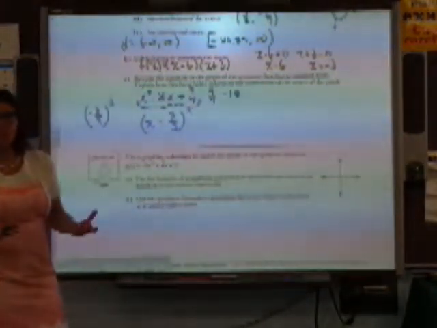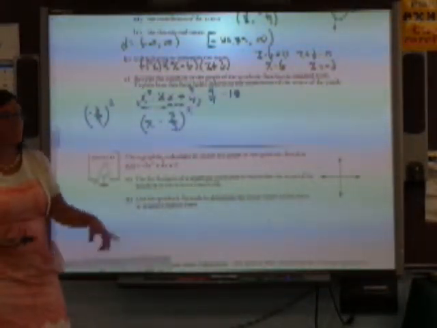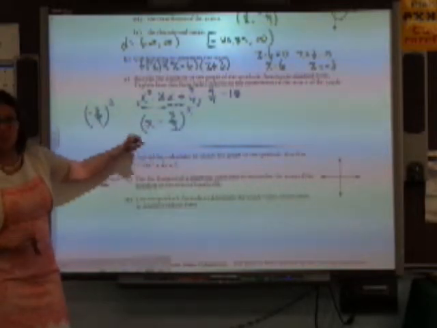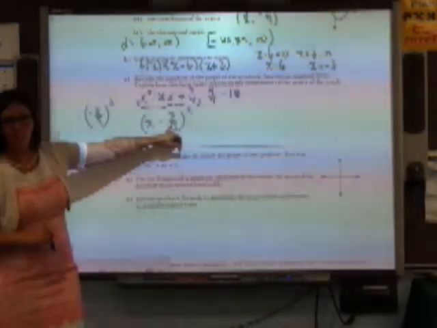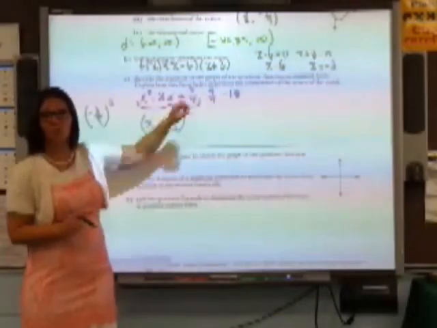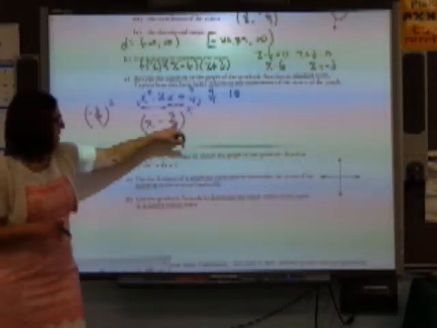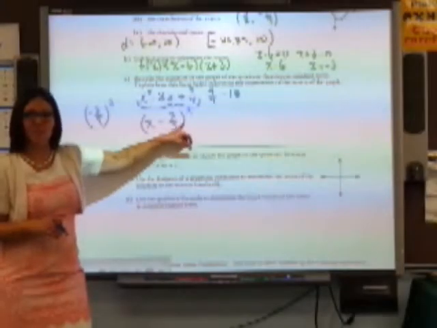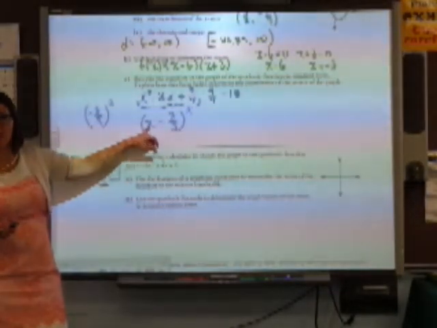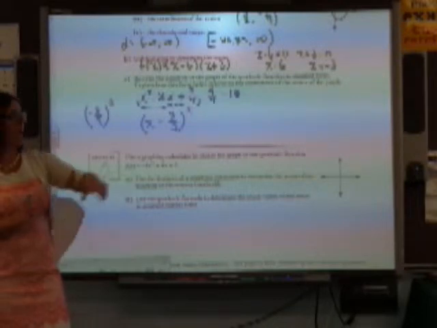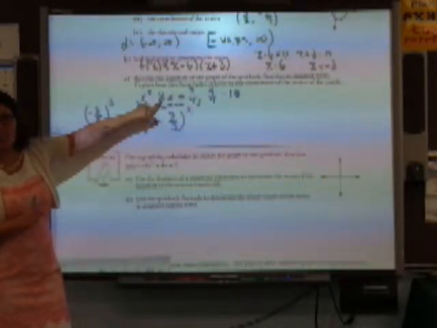Because if I FOIL this out, I would get x times x, which is my x squared. I get the negative 3 halves times the negative 3 halves, which would be my positive 9 quarters. And then I would get a negative 3 halves and a negative 3 halves, which would give me negative 6 halves, which would give me my negative 3.